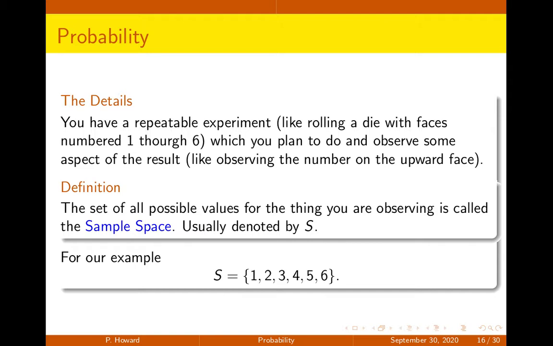If you look at all possible values for the thing you're observing, that set is called the sample space. And usually we will denote the sample space by a capital S if we want a single letter abbreviation. So in the example of rolling a 6-sided die, the possible outcomes for the number on the face-up side are the numbers 1, 2, 3, 4, 5, and 6. So those numbers form the sample space in our example.